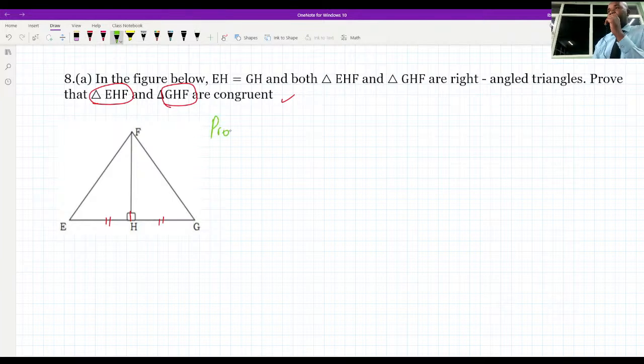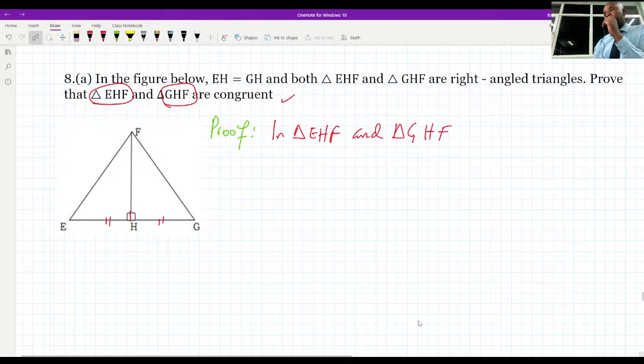We'll be saying proof. So I'll be saying that in triangle EHF and triangle GHF, if you consider those two triangles, now we are going to check all sides, which will give us a way to go to proving that those two triangles are congruent.